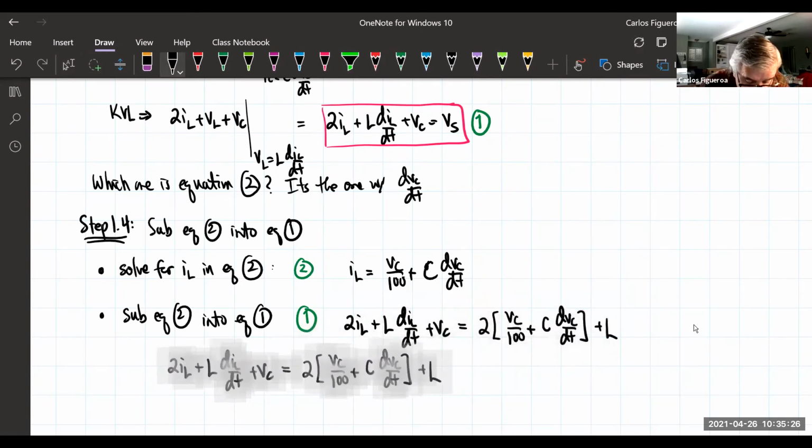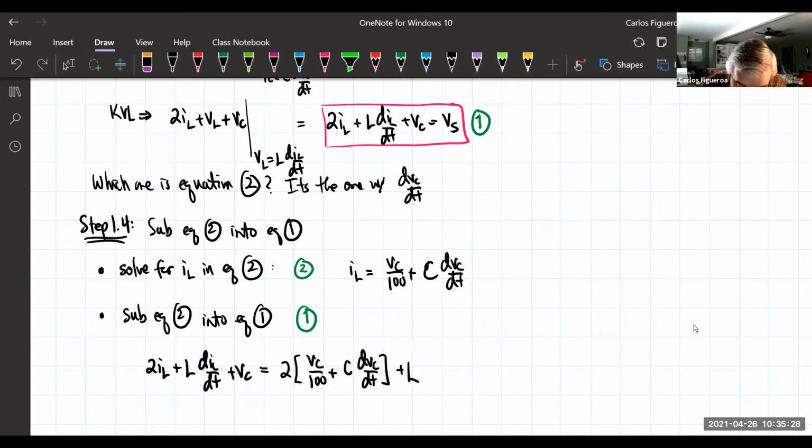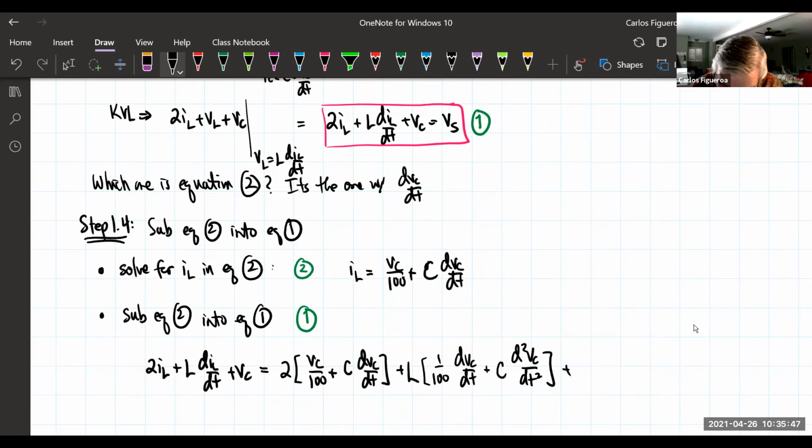The derivative of this guy should be 100 dv/dt plus C d²v/dt², plus VC, and this whole thing has to be equal to VS.